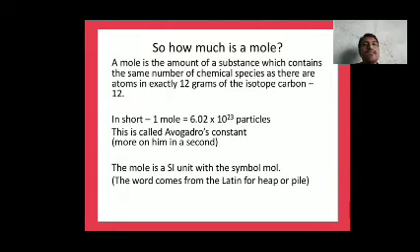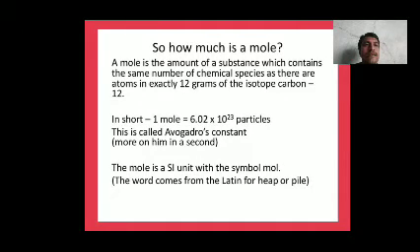A mole is the amount of a substance which contains the same number of chemical species as there are atoms in exactly 12 grams of the isotope carbon 12. In short, 1 mole is equal to 6.02 into 10 to the power of 23 particles.